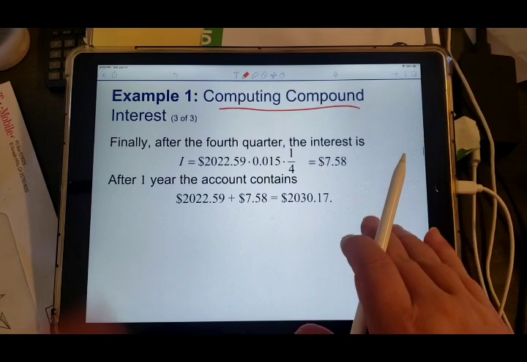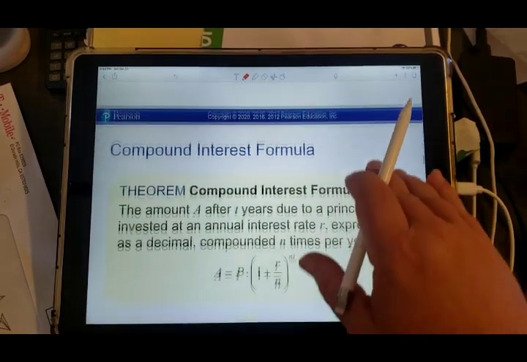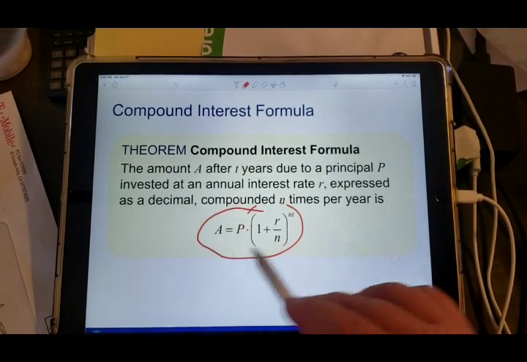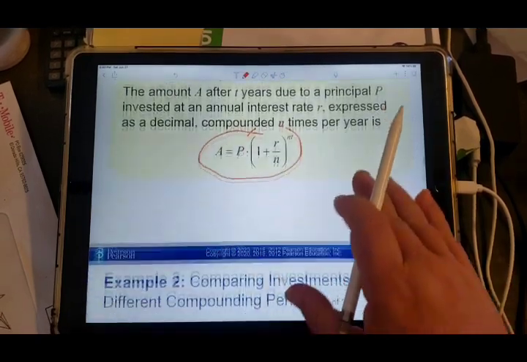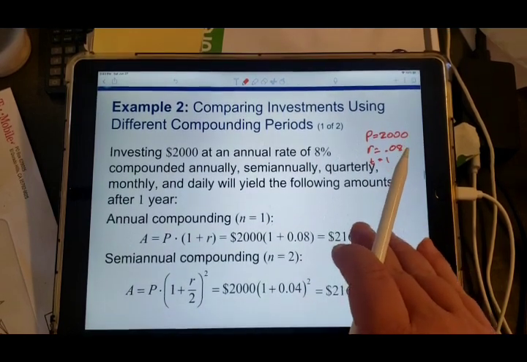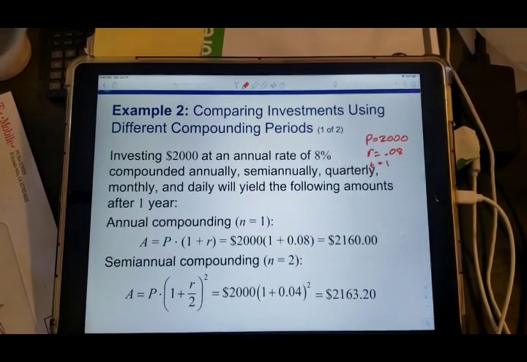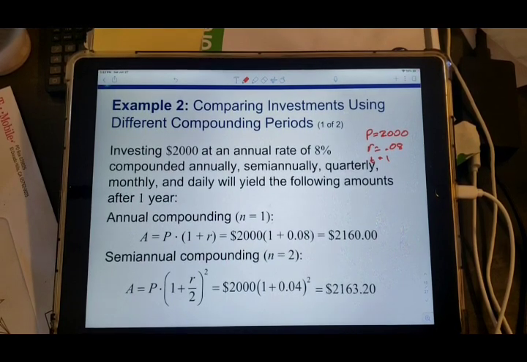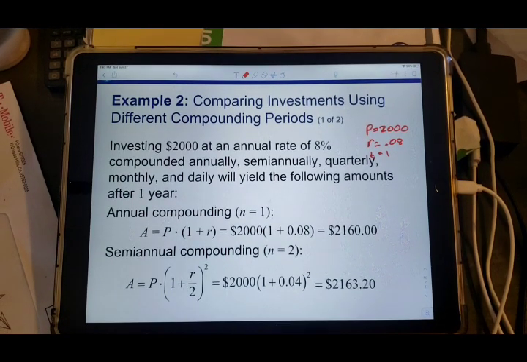The reason why it's not a very good example is we have a formula that does that in one calculation. So yeah, you could calculate these things by hand without knowing these formulas, but why put yourself through that?